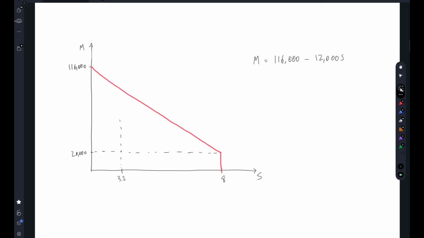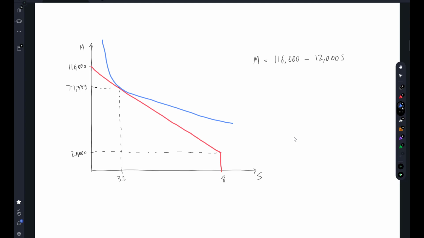We're going to find that same spot along our budget line here, and that's going to give us our income, which we calculated earlier was 77,333. We know that our indifference curve is going to be tangent at that point, and so we'll sketch that in, and that's our graph.